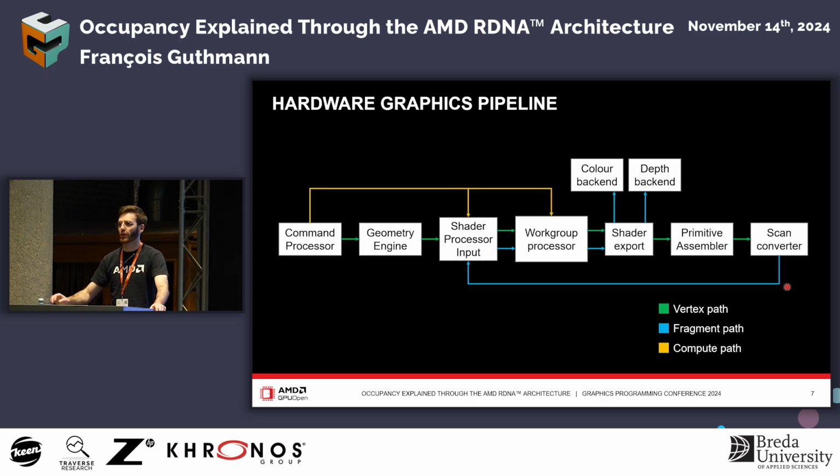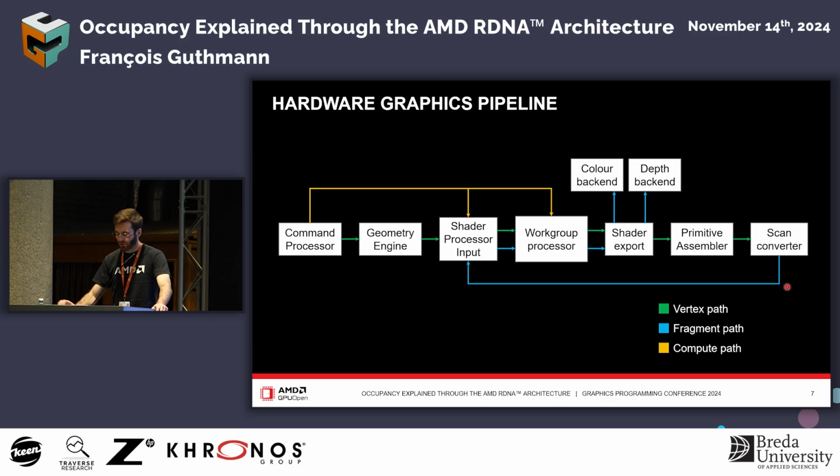If we take a quick look at what this would look like on the hardware, and this is very much simplified, we would represent it a bit differently. We still see a bunch of stages, but this time they're not applied one after the other. It depends on what kind of workload you are running. Here we have different paths, like a vertex path in green, a fragment path in blue, and a compute path in yellow.